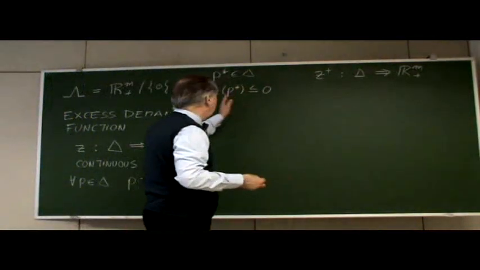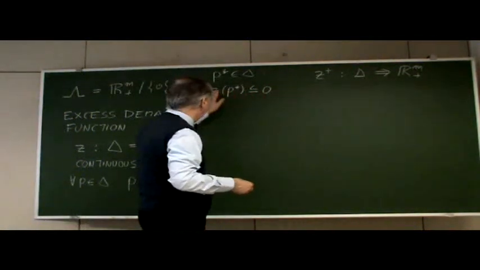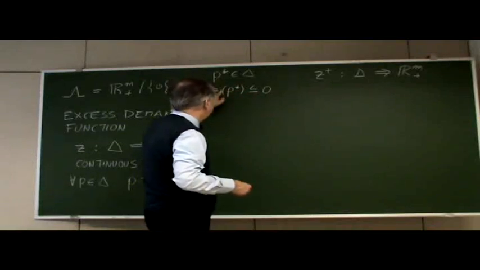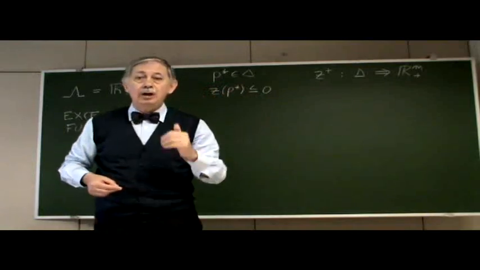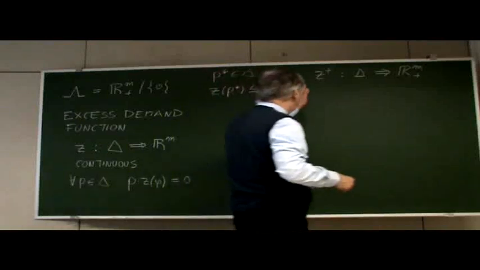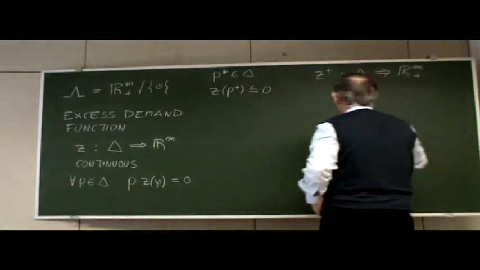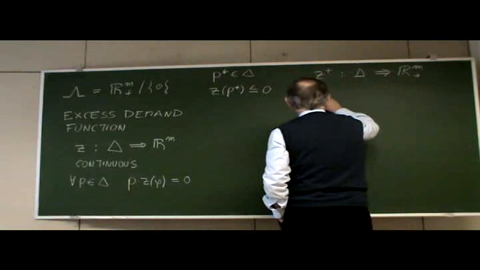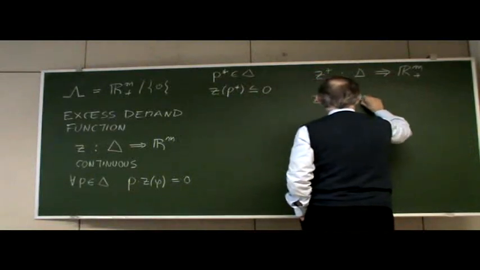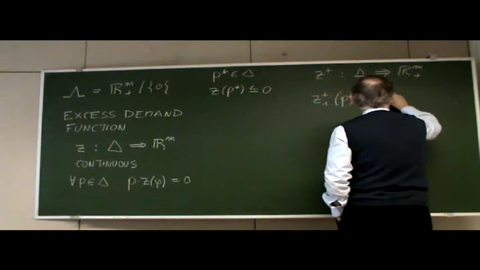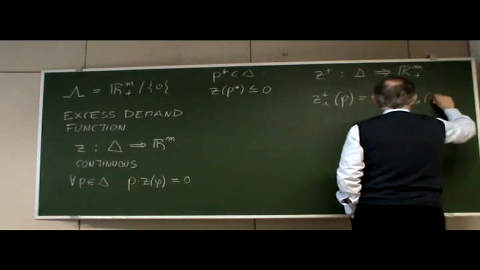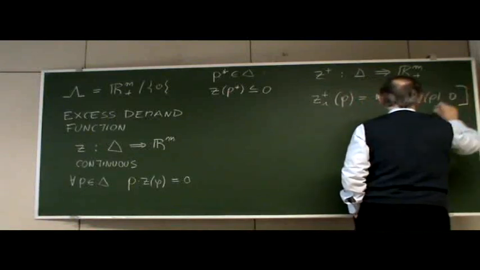Since our goal is to show that there is a price system according to which no positive excess of demand exists, the relevant concept here is z plus, which is defined in this way. z plus i of p is nothing but the max between z i of p and 0.